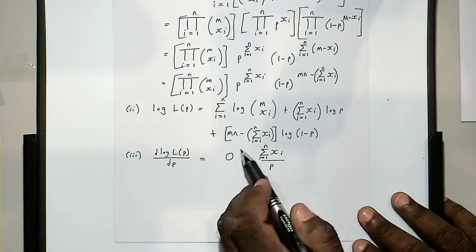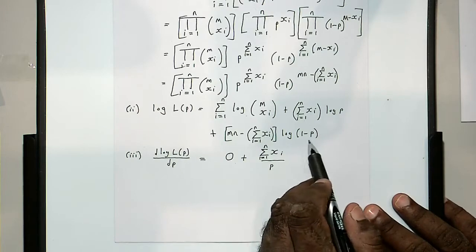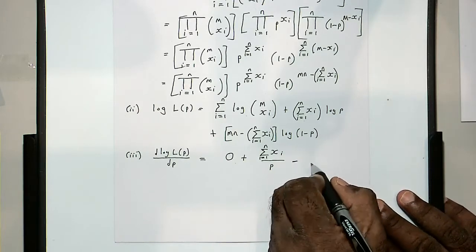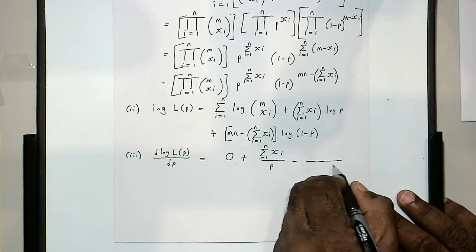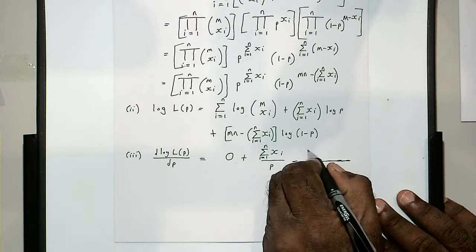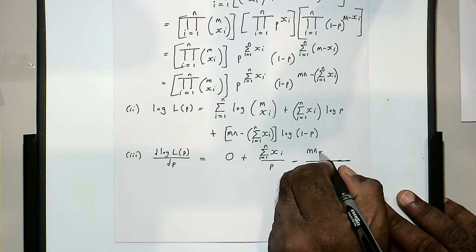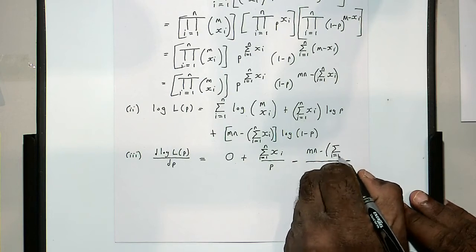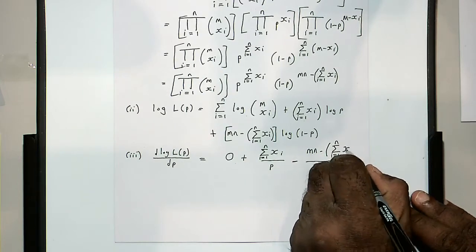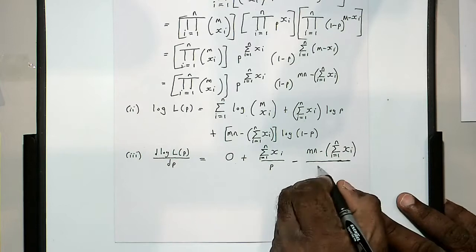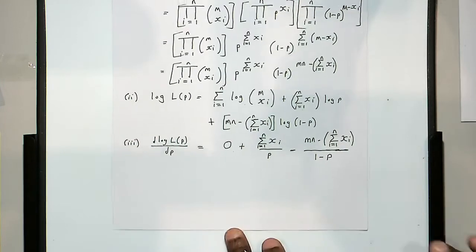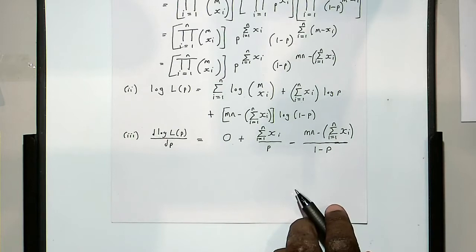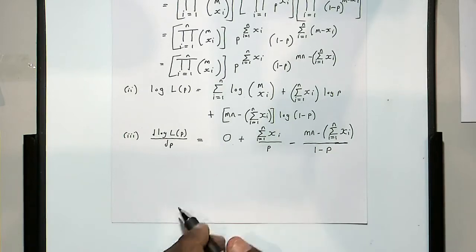And the derivative of the third term, you differentiate the log of 1 minus p, which is minus of this. Are you with me? So this is the derivative that you get when you differentiate with respect to p.